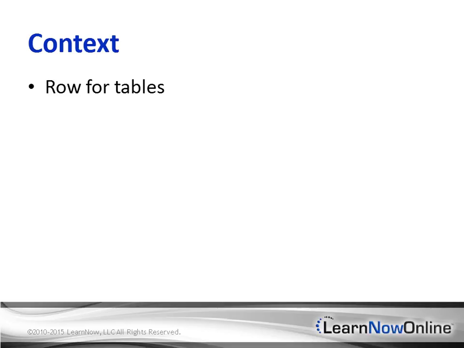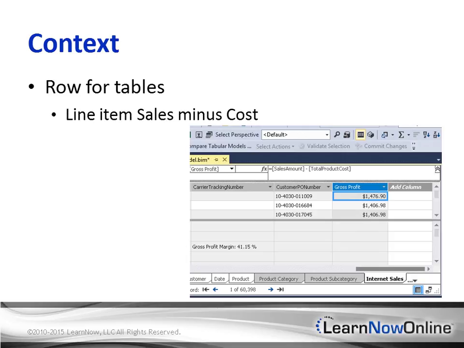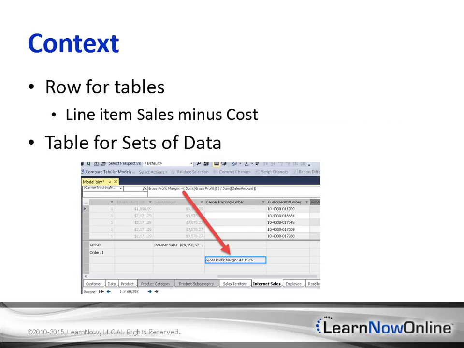There is a difference while using DAX in row and table contexts. The row calculation involves one row but is processed for all rows. This example is gross profit for a line item in sales.